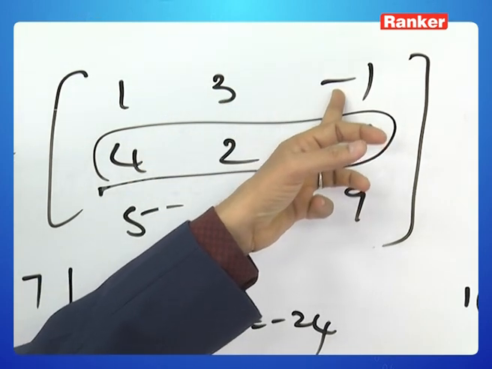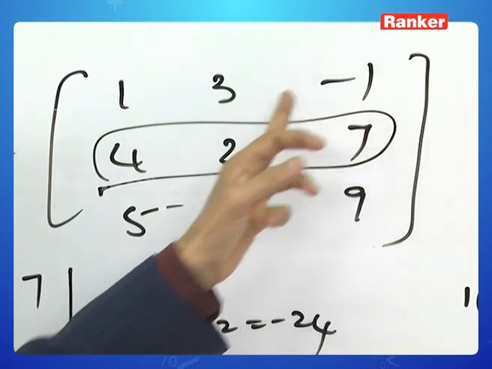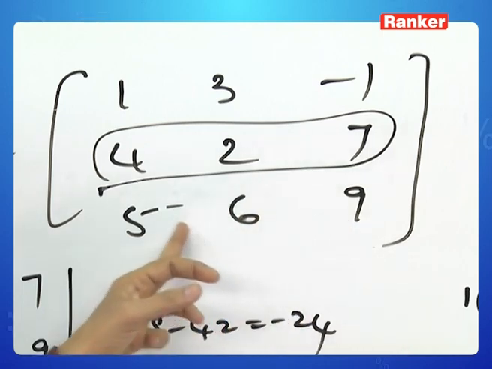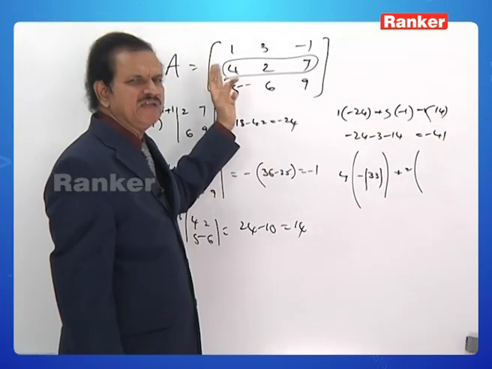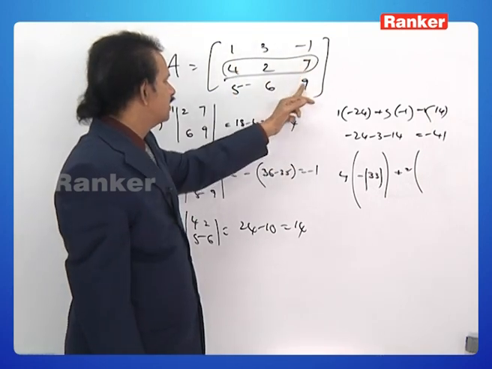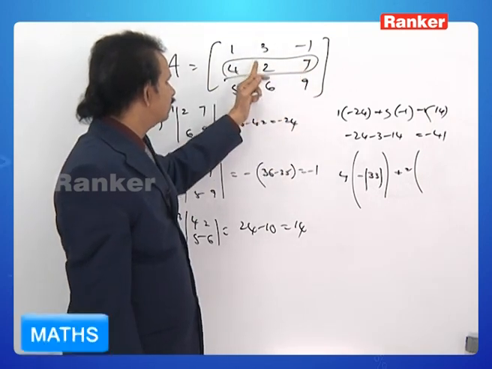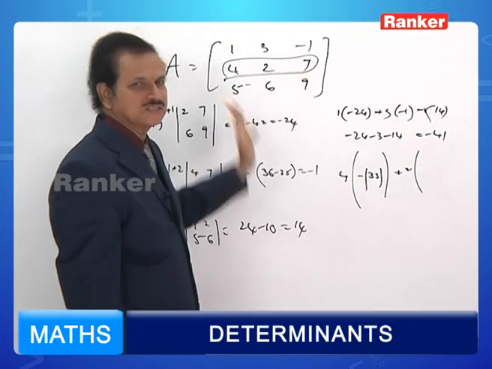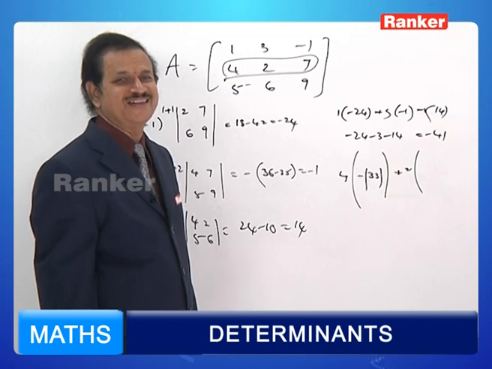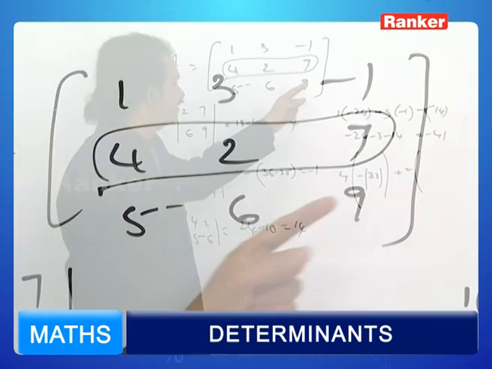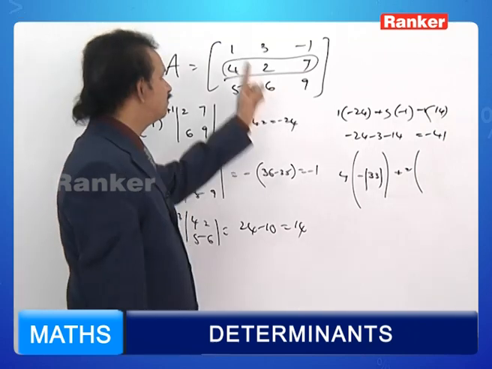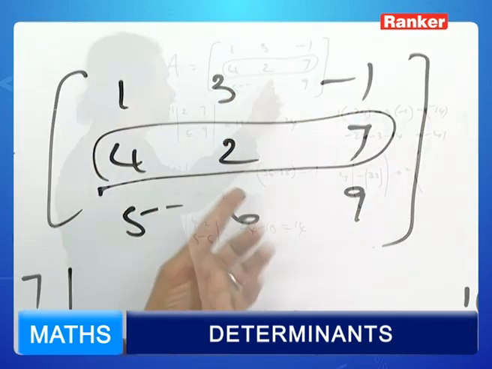Then plus for the third column: plus, minus, plus, minus, plus, minus. Anywhere you proceed, alternate plus and minus. You do not use that in a diagonal way, plus, plus, plus. Don't proceed in that way.